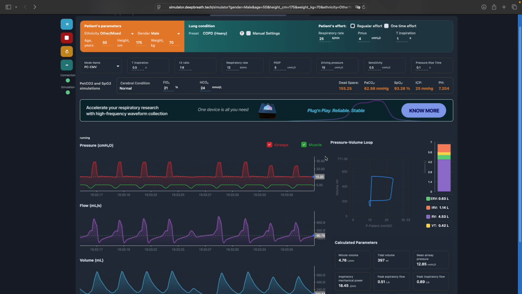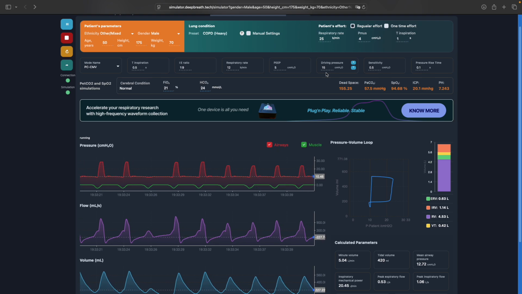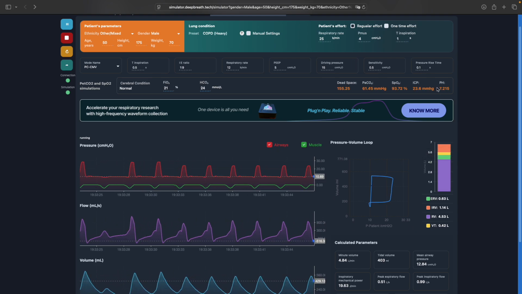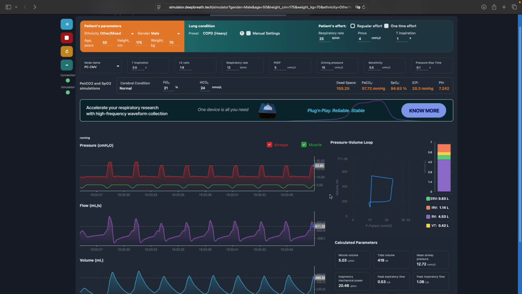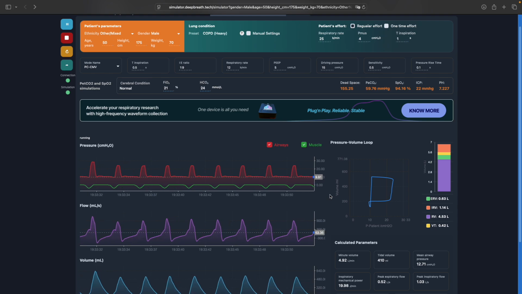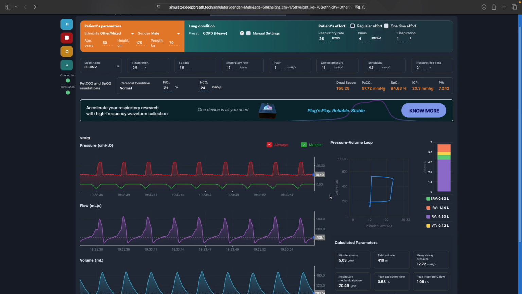So we need to maybe increase FiO2 or find other ways to establish necessary gas exchange. That's one of the interesting examples of mitigation of failed triggering, ineffective effort breath.